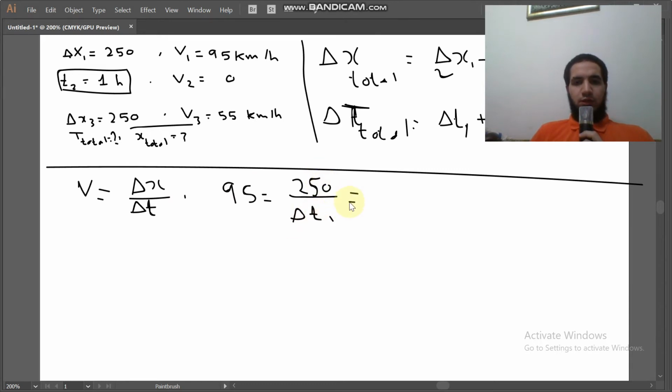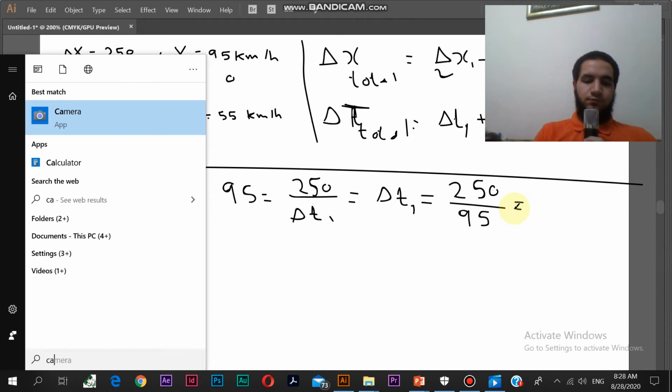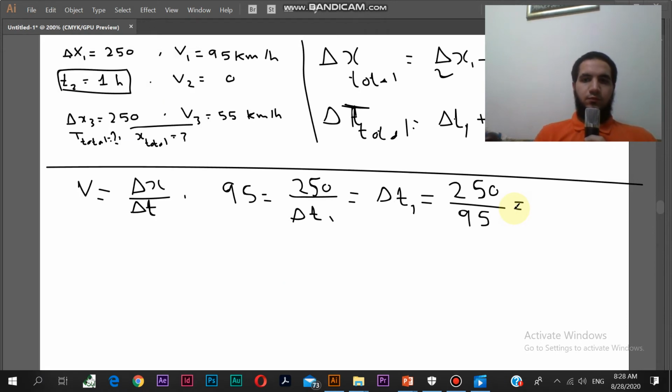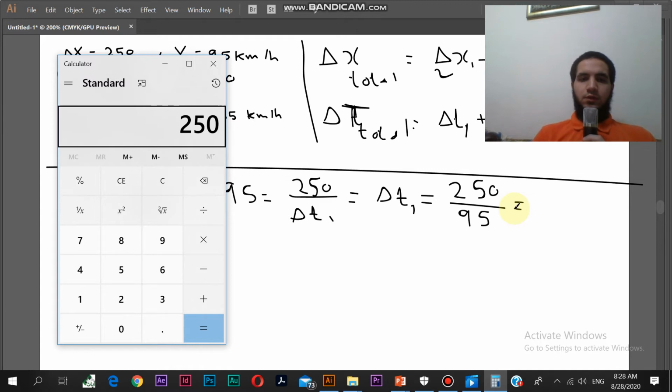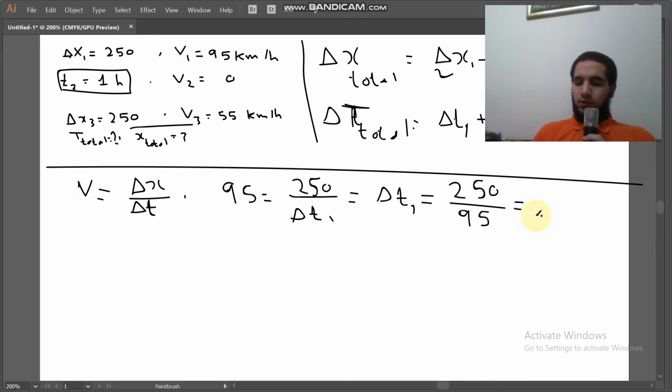So we're going to get delta t1 equals 250 over 95 equals, I need a calculator, 250 over 95 equals 2.6. So here we're going to write 2.6 hours.